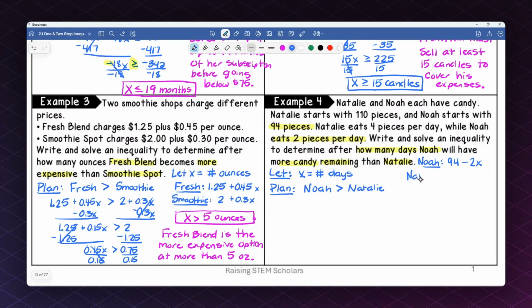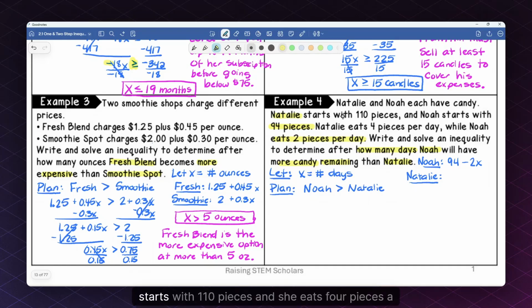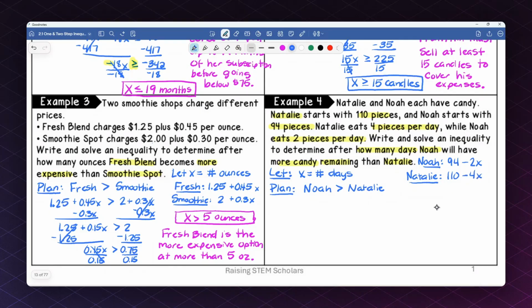Natalie, let's go see what she's doing. Okay, so Natalie starts with 110 pieces and she eats 4 pieces a day. So we can write that mathematically. She starts with 110, but she eats 4 a day. 4 times x, and x being the number of days.